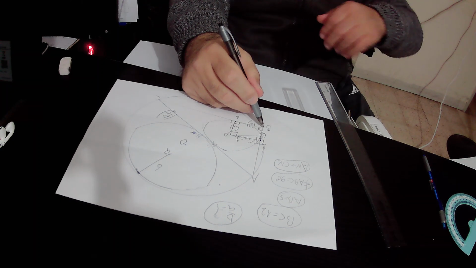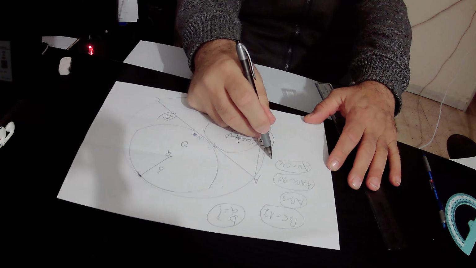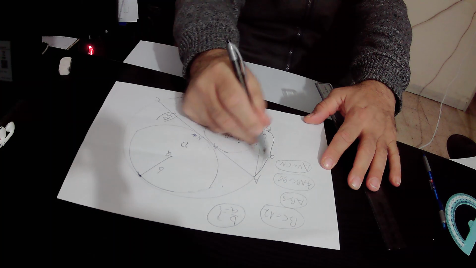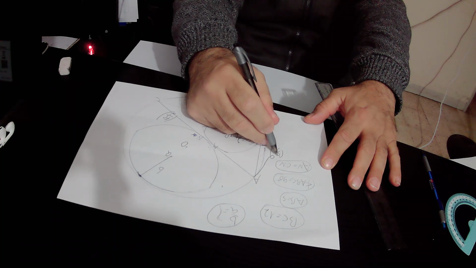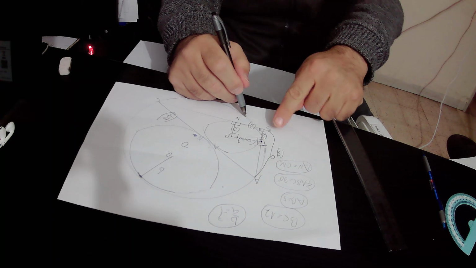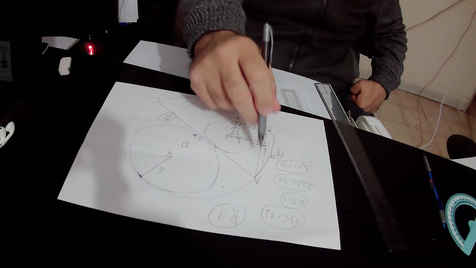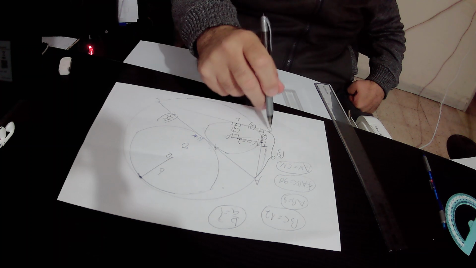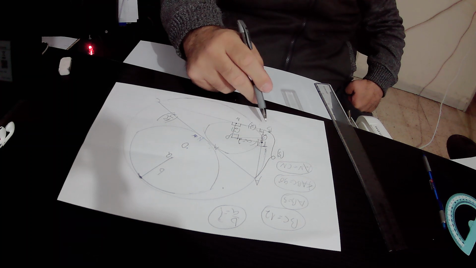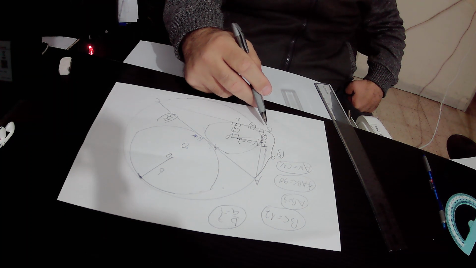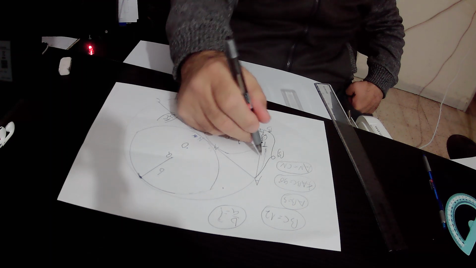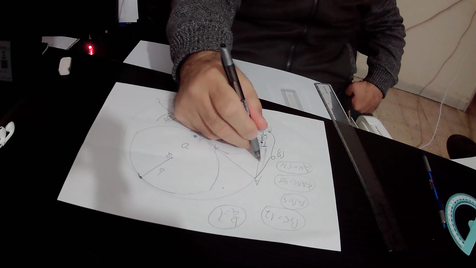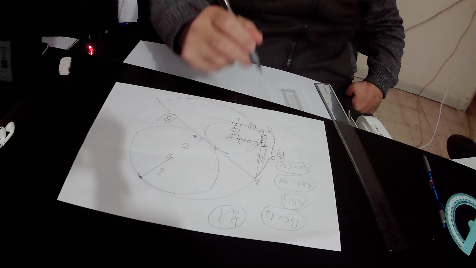So it is given in the question that the length of BA is 5, the length of BT is 2, therefore BA minus BT is TA. Again, BA minus BT is TA. BA is 5, BT is 2, and 5 minus 2 is 3. So TA, or AT, equals 3 units in length.